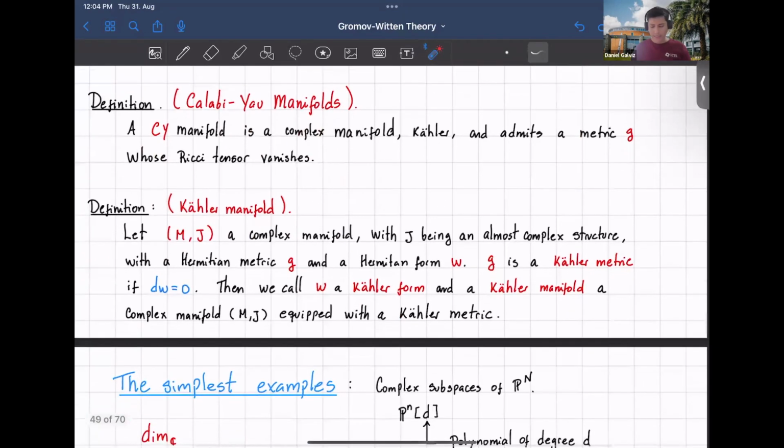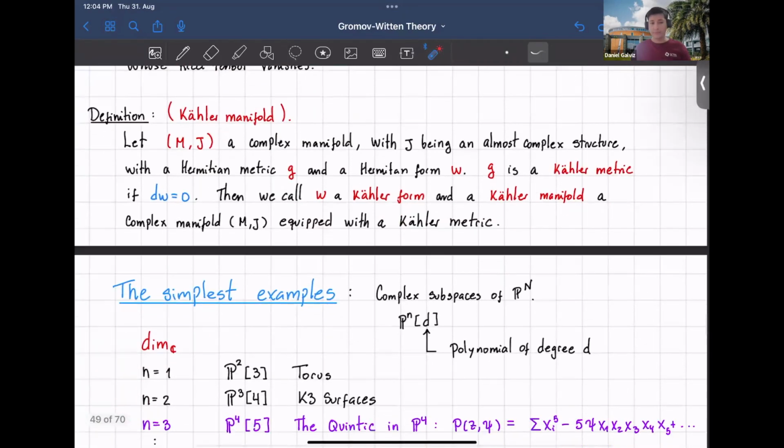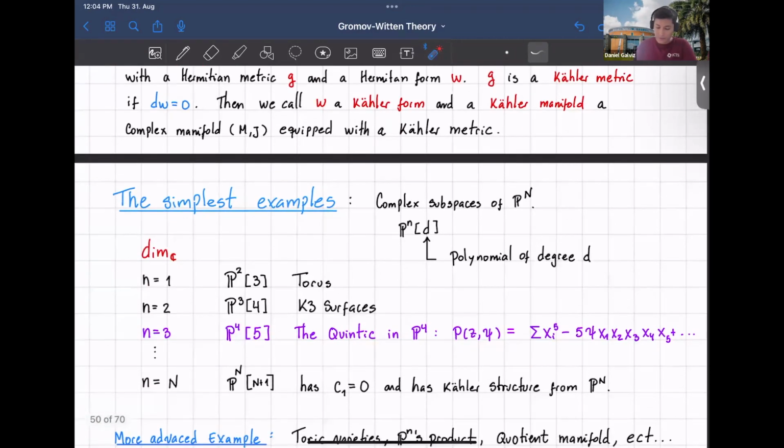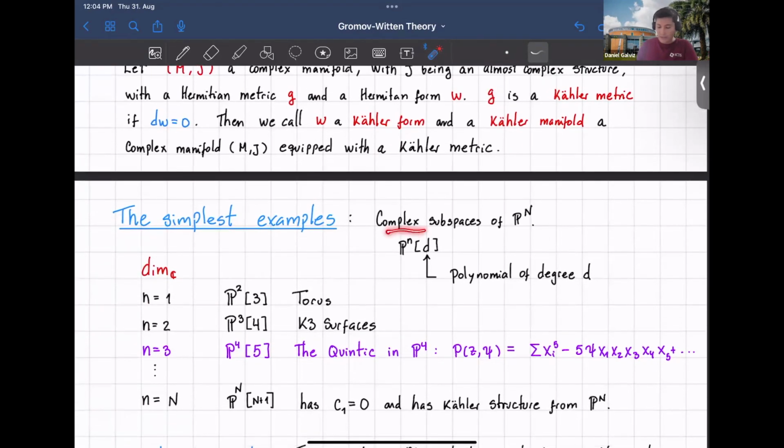Okay, so let's see some simple cases, the simplest examples of Calabi-Yau manifolds. We will consider some complex subspaces of complex projective space. When I write these subspaces, these are contained in our P^n, and then we will describe it with a polynomial of degree d.